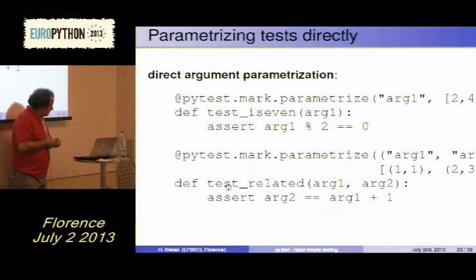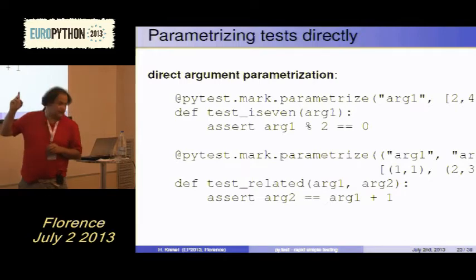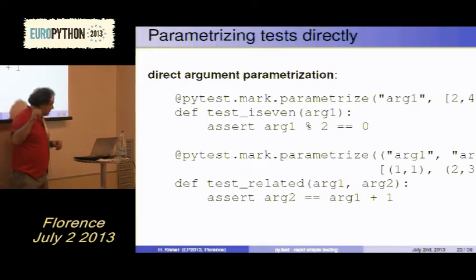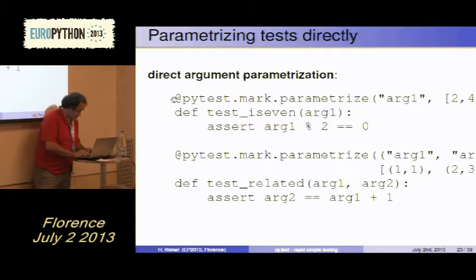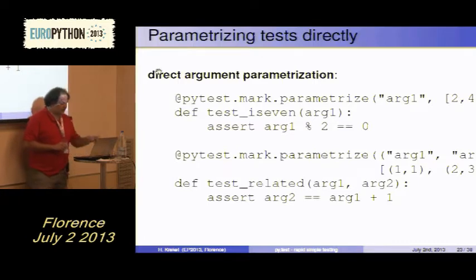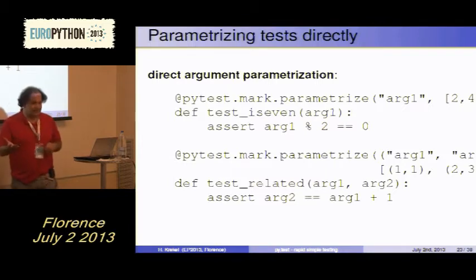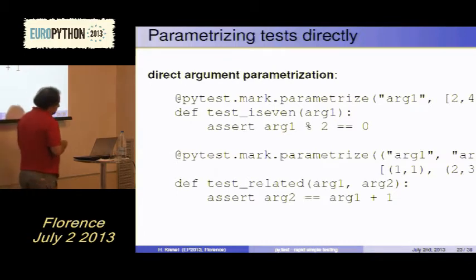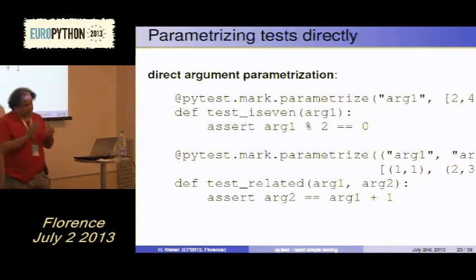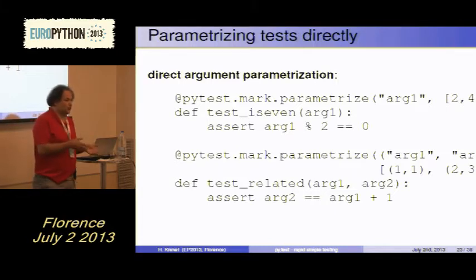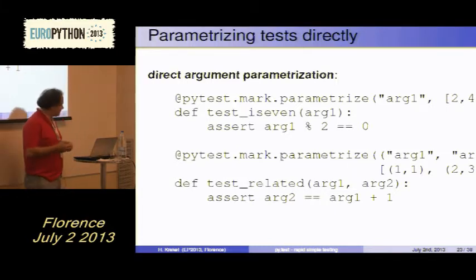You can also parameterize tests directly. What happens here is that you say, with this special decorator pytest mark parameterize, that this test function gets an argument, in this case arg1, and I say arg1 actually takes successively different parameters, 2 and 4 and 7 I think in this case.